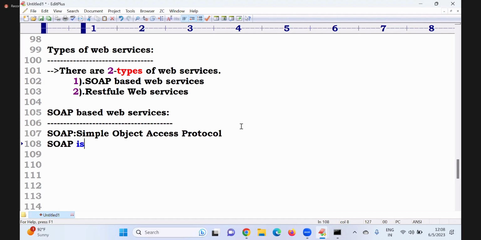SOAP is a completely XML-based protocol for accessing web services.